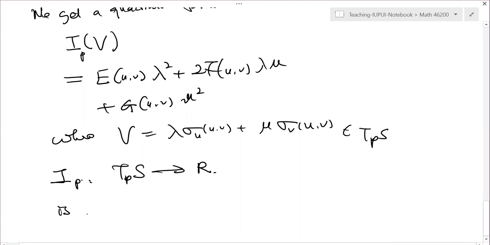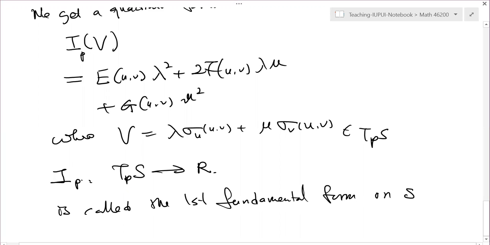So this is called the first fundamental form on the surface.